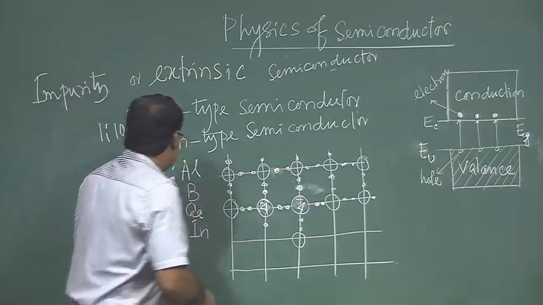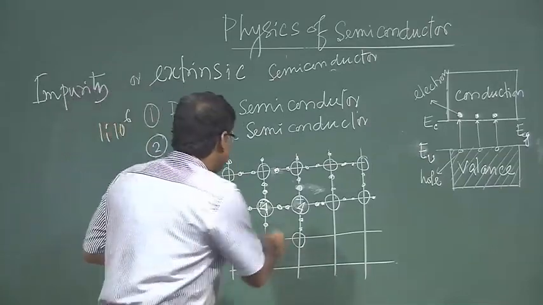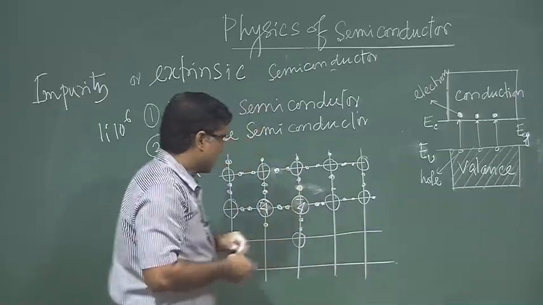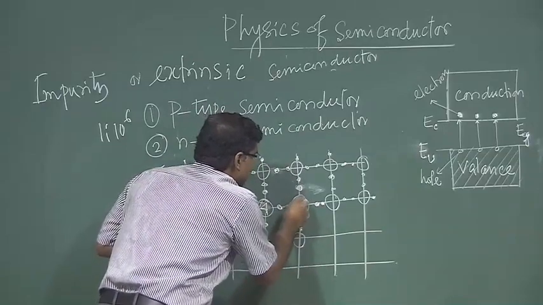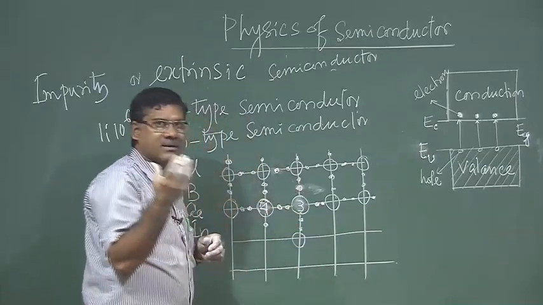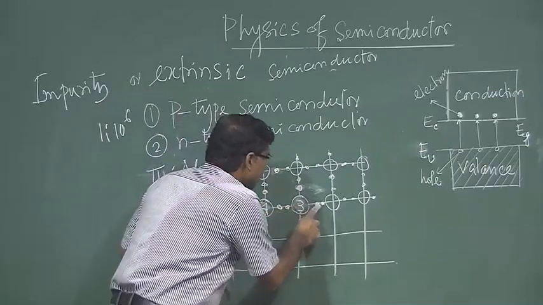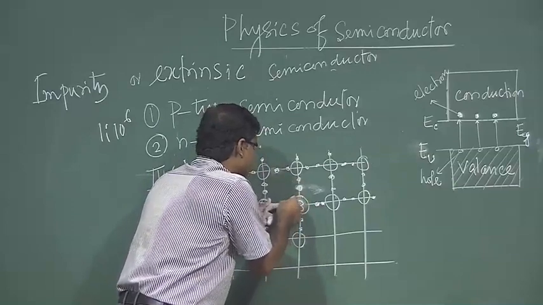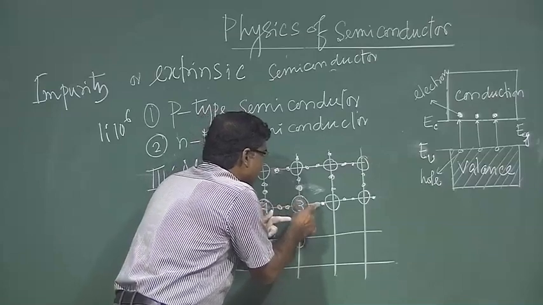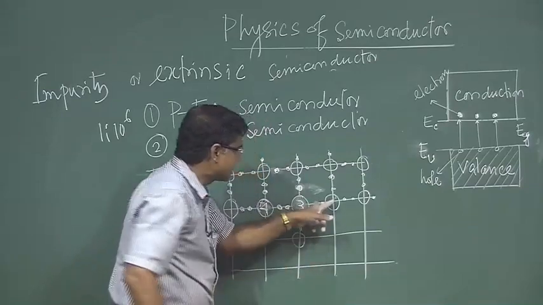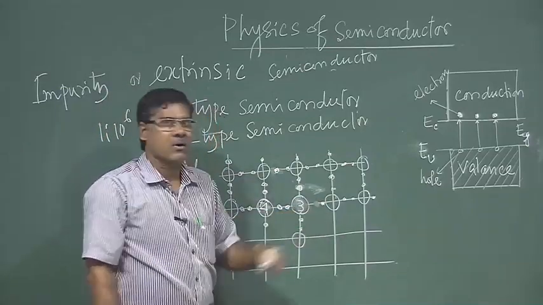Okay. So, group 3 means it has 3 valence electrons. Its core has positive charge 3, and it will share these 3 electrons with the neighbors, but one is missing. So, this silicon will miss another electron. So, this bond is not complete.